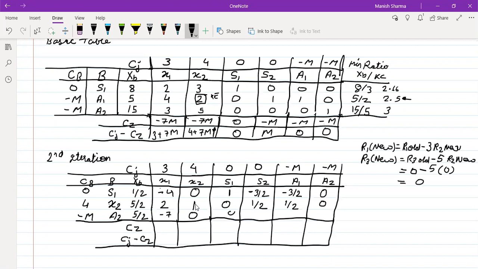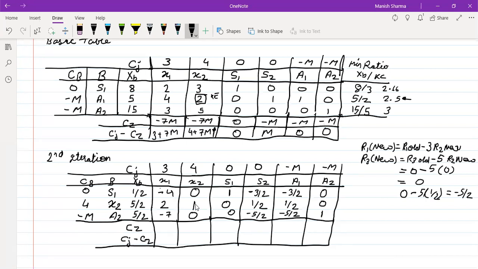Then 0 minus 5 times 1 by 2 is equal to minus 5 by 2. So here we will get minus 5 by 2. Again the same value, minus 5 by 2. Then next value is 1.